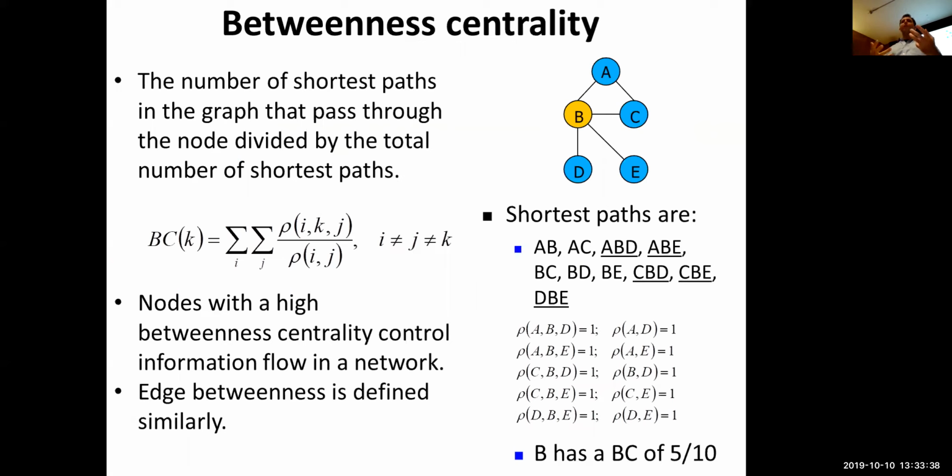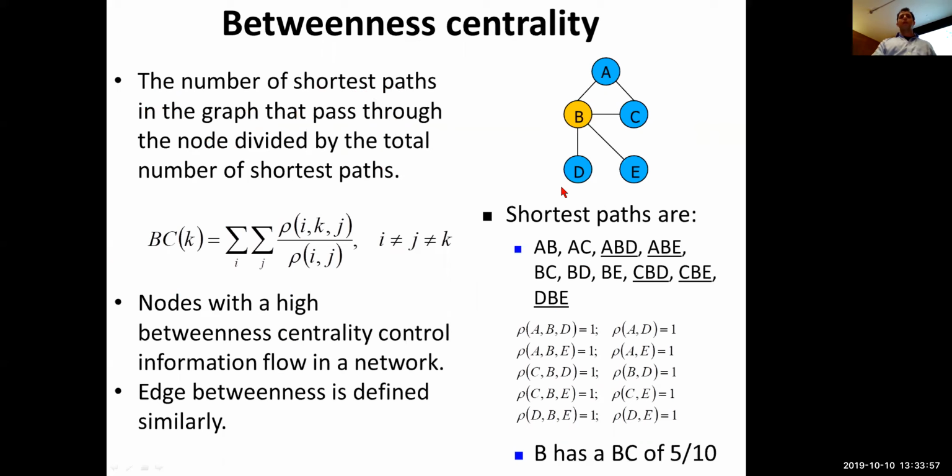We mentioned earlier that betweenness centrality might be important. So how do I measure betweenness centrality? I can basically count all of the shortest paths in my graph that pass through the node, and then divide by the total number of shortest paths.